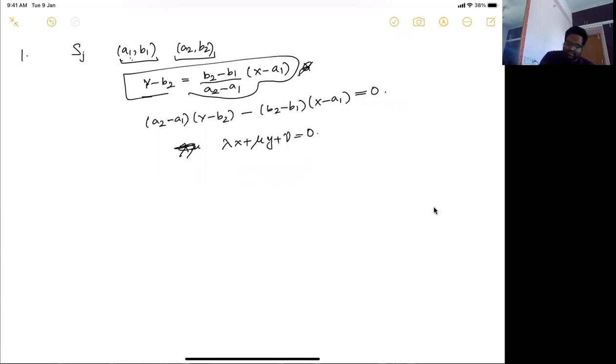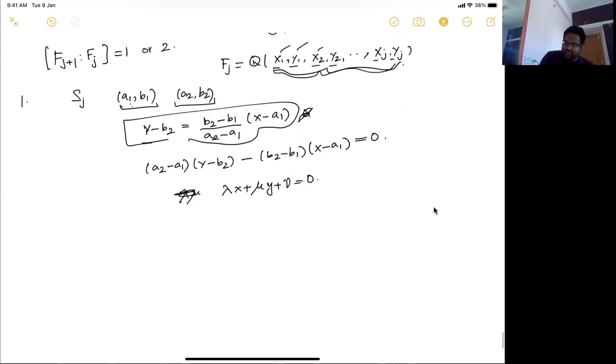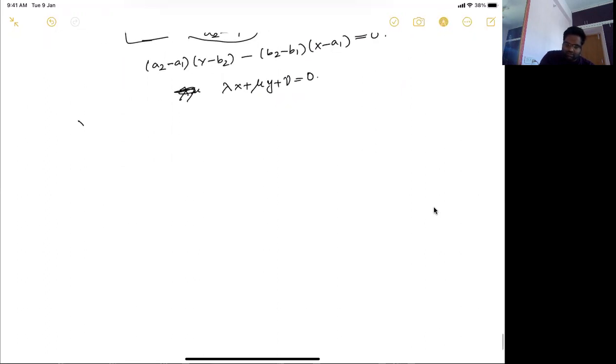Similarly, consider the equation of a circle with the center as one among these points (x1, y1) up to (x_j, y_j). Let us say (a1, b1) is the center of the circle, and the radius is equal to the distance between 2 points (a2, b2) and (a3, b3). Using the compass, you can measure this distance and use it as the radius of the circle centered at this point.